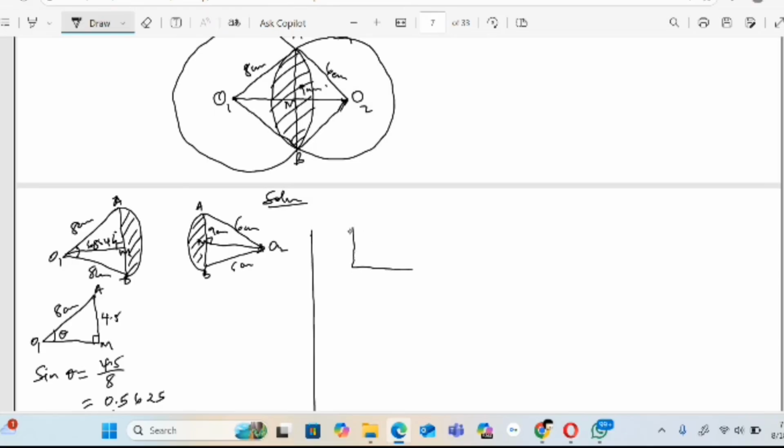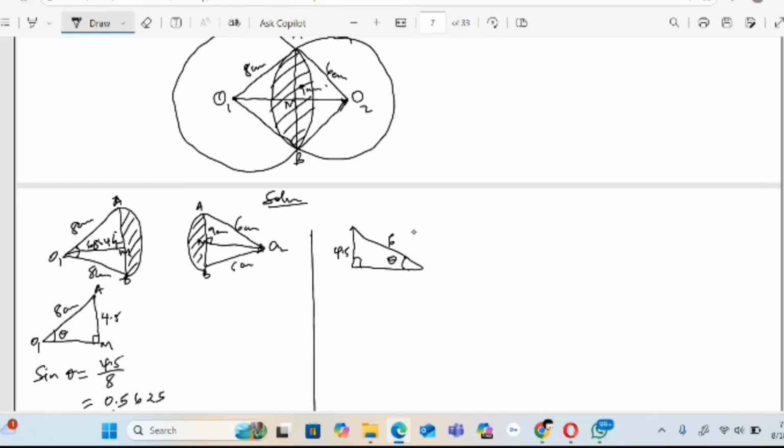We shall have half of that 9 is 4.5. Our hypotenuse now changes to 6. Now this one will be our new theta, so that whatever you're going to get, you multiply by 2.